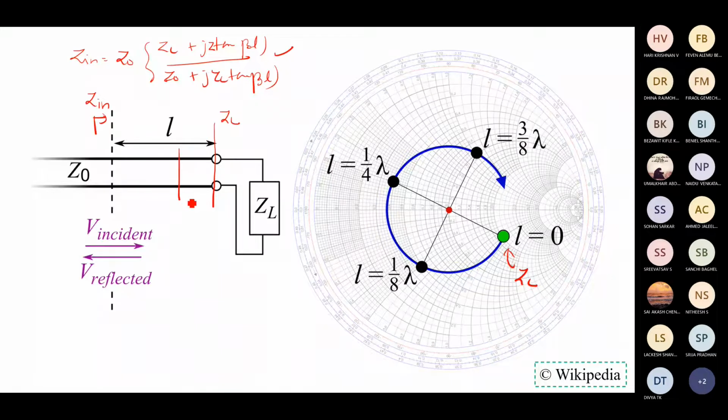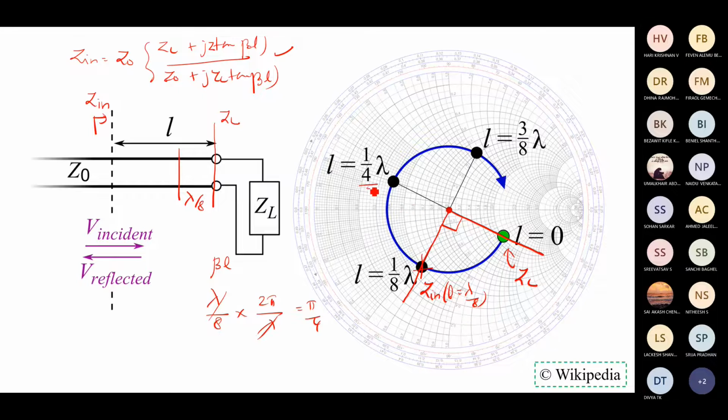Now if I want to move by lambda by 8 length, what I have to do is calculate beta L. Beta is nothing but 2 pi by lambda, so lambda by 8 times 2 pi by lambda, cancel the lambda, is nothing but pi by 4. Pi by 4 is 90 degrees. So we draw a circle, and an orthogonal line along the 90 degrees, and the crossing point is nothing but the input impedance at length lambda by 8.